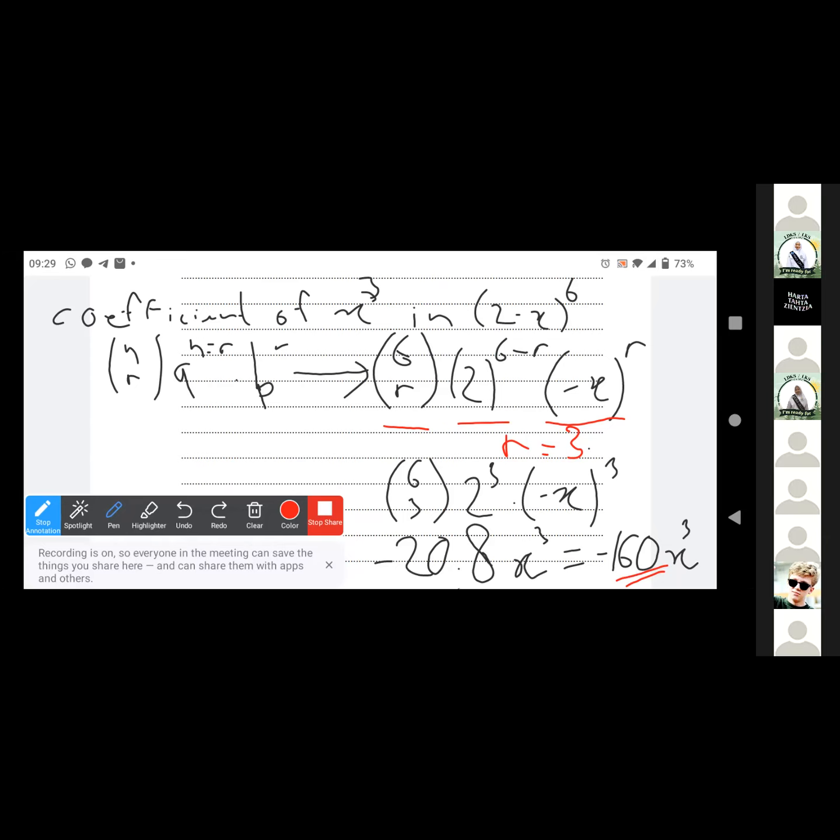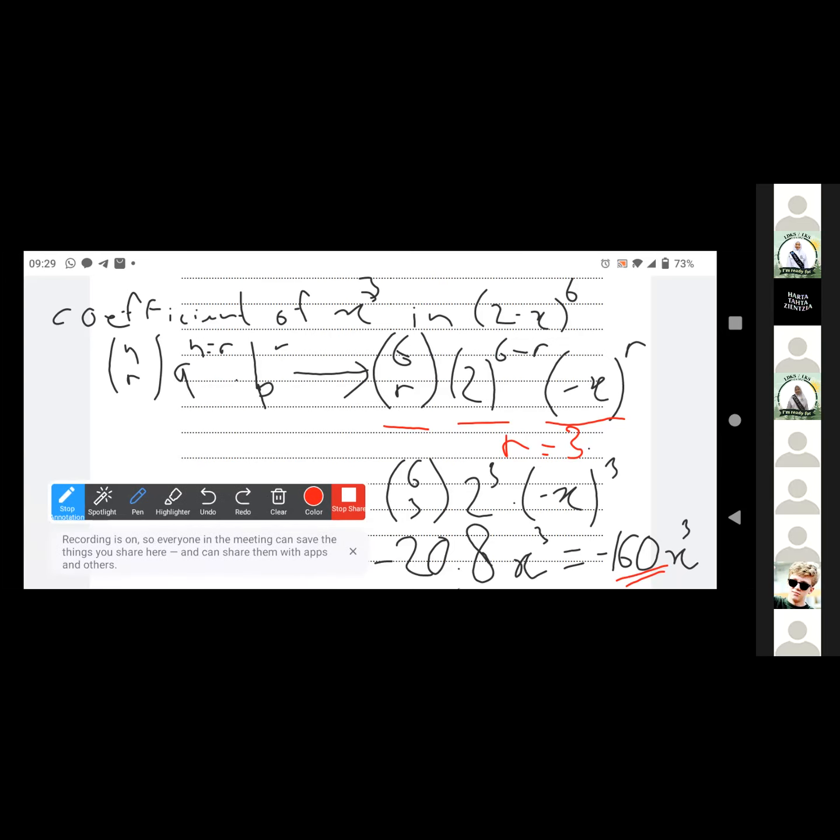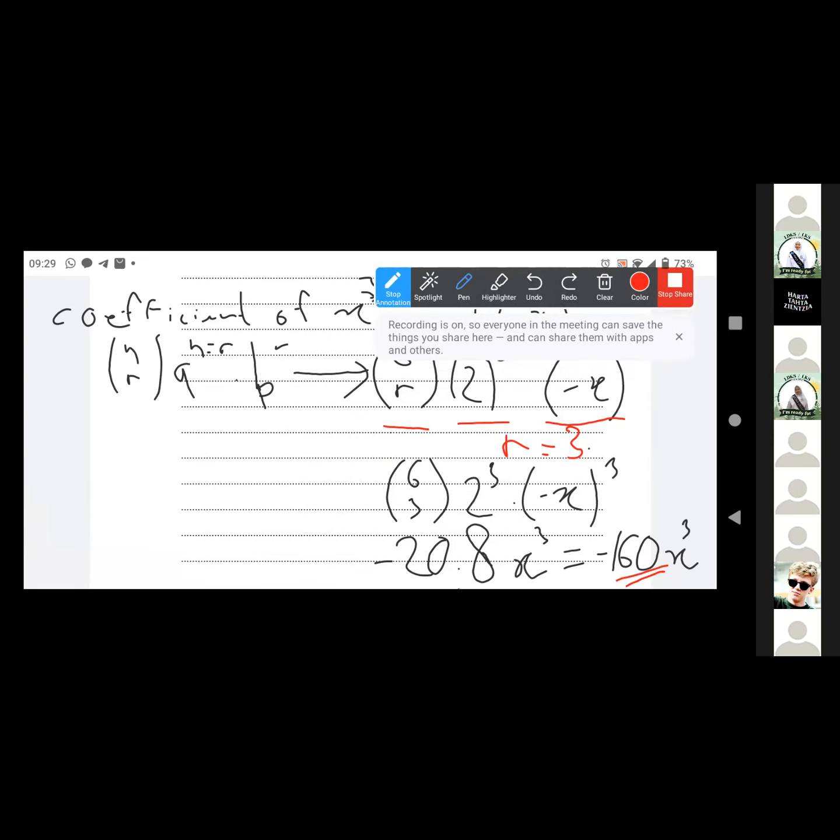How do I get 20? We use the formula for the combination. So basically we have 6 choose 3, which is 6 factorial divided by 6 minus 3, so 3 factorial, and 3 factorial. So this is 6, 5, 4, and then 3 factorial, divided by 3 factorial.